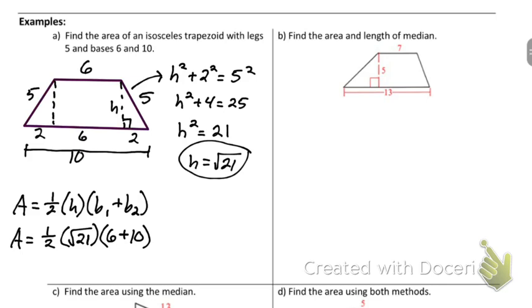Working our way down, we are going to have area equals square root of 21 over 2 times 16. 16 divided by 2 is 8, so we're going to have 8 square root of 21. We don't have units, so that's just going to be our answer.